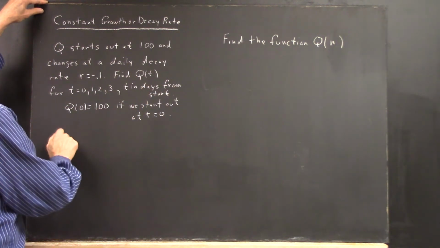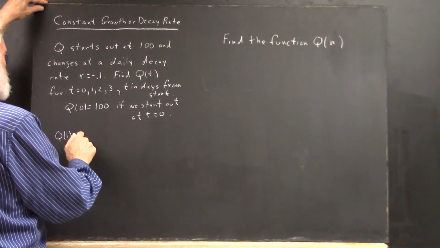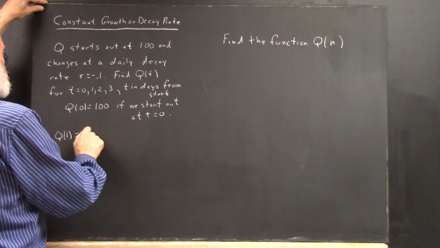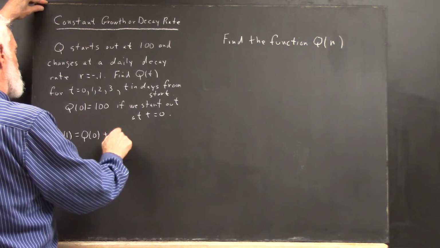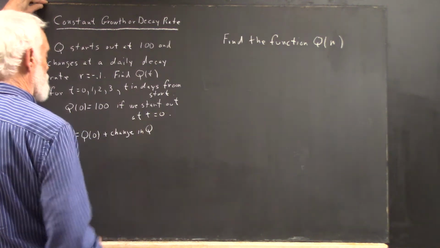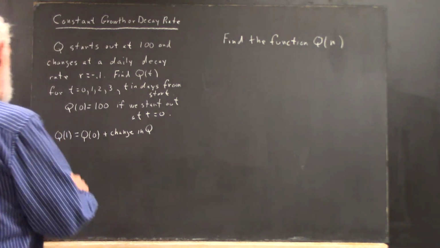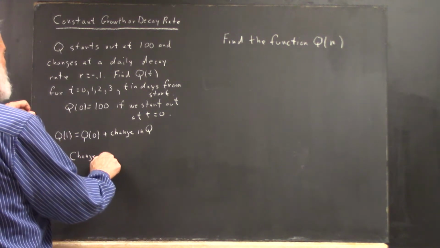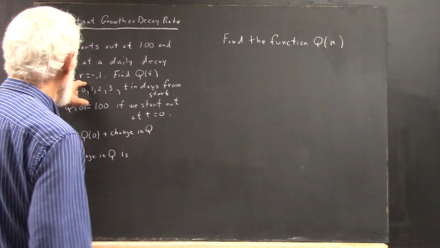So Q of 1 is Q of 0 plus the change in Q. What's the change in Q? Well, this is what we mean by our decay rate.